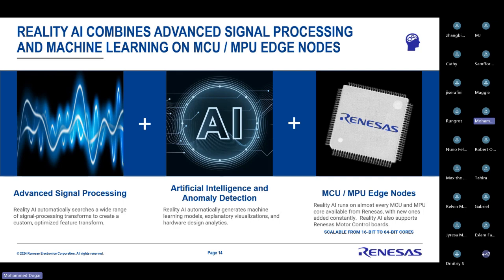Also, the tool itself is able to give the intelligence on the placement of the sensor. So basically, the instrumentation side of things is also covered, right? So really providing a complete solution to implement highly efficient machine learning models to detect different types of anomalies across a range of applications, and it can work on any of our microcontrollers or microprocessors.